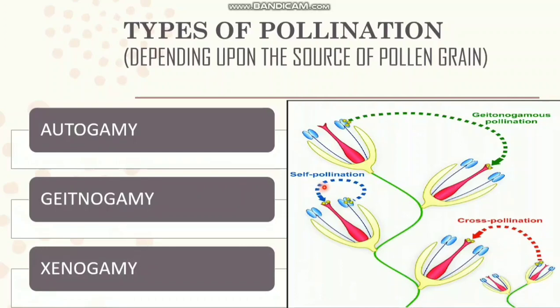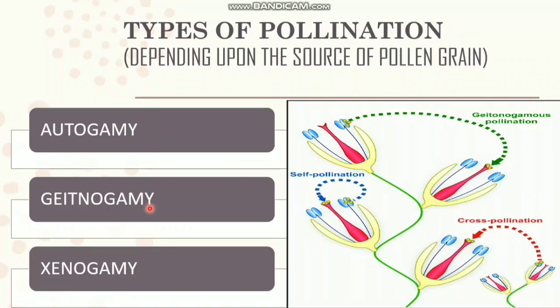This type of pollination occurs in bisexual flowers, which have both stamen and pistil. Here the transfer of pollen takes place from the anther to the pistil of the same flower. So it is known as either autogamy or self-pollination.